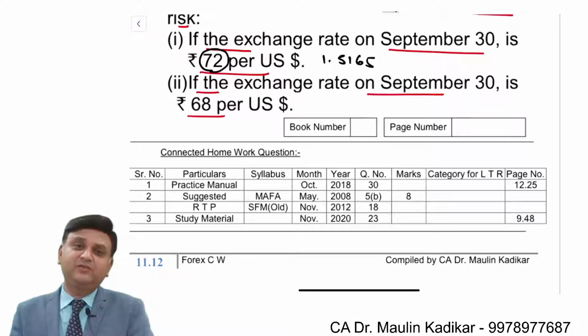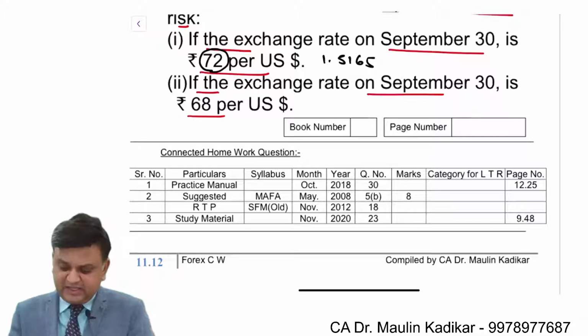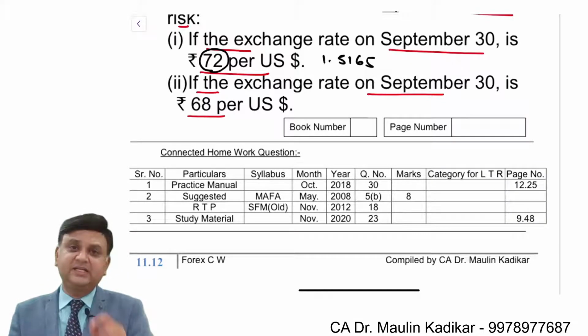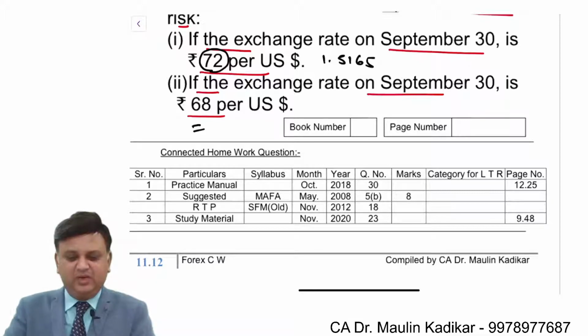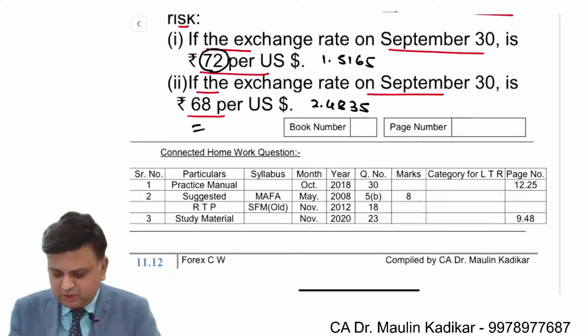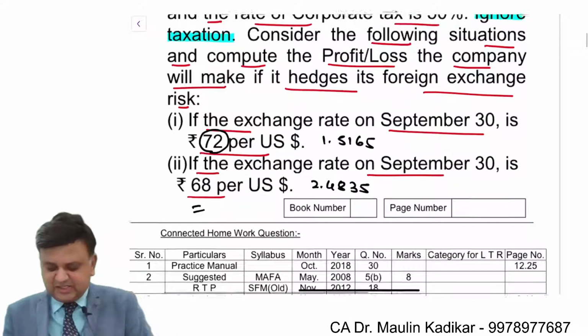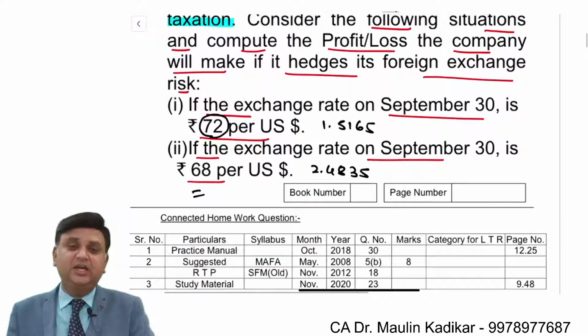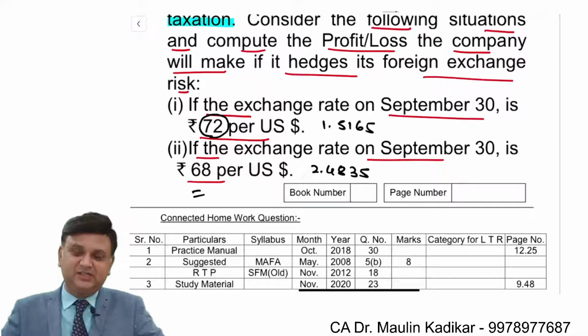This is the amount of the profit that I have on per dollar basis. In the second case, what will happen? I purchased the dollar at 70.4835 instead of purchasing only at 68. So I incur a loss of 2.4835 rupees per dollar. This is the way we are required to make the computation of the profit or loss in both the situations.